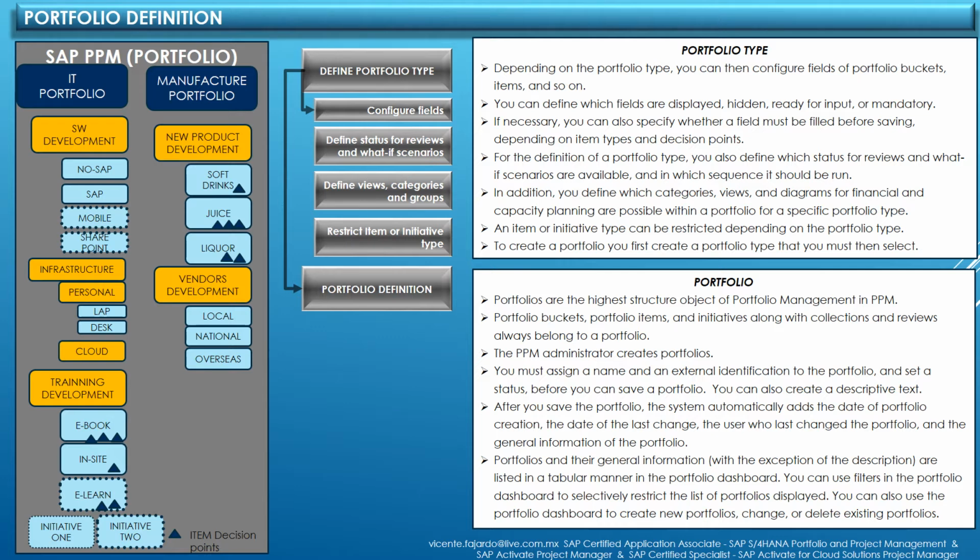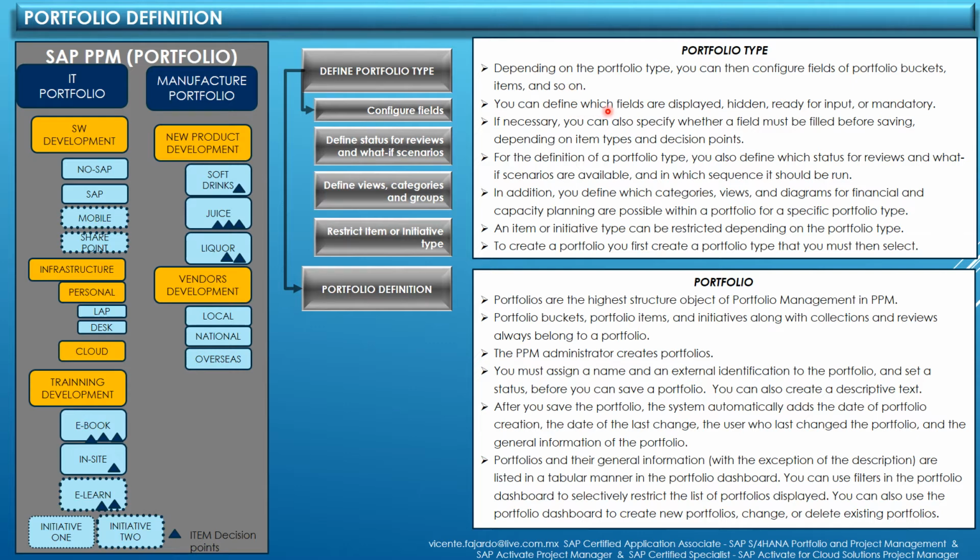Setting up portfolio type is the way we will control the portfolio behavior and functionalities that we will use in the future to manage the business portfolio. Depending on the portfolio type, you can then configure fields of portfolio buckets, items, and so on.